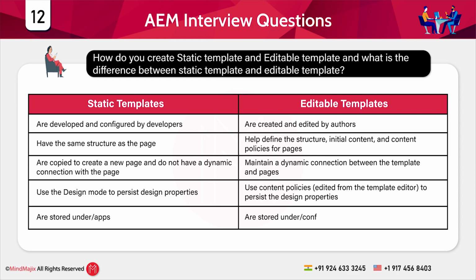So see, the static templates are configured by the developers, and editable templates are created and edited by the authors. Static templates have the same structure of the page, and in editable templates we can define the structure. Structure is like what should be at the top, what should be at the footer. We can have some fixed headers and footers, and in the middle we can add the components, so we can define the structure like that.